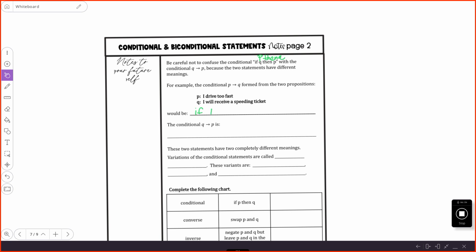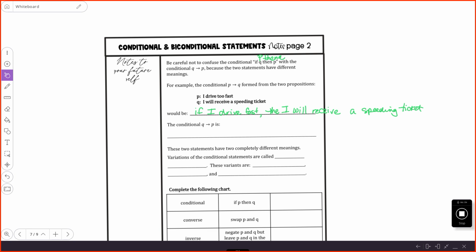So for example, the conditional P implies Q formed from these two propositions would be if I drive fast, then I will receive a speeding ticket. Now, if I change those, and instead of putting P first, I put Q first, it's still the conditional statement because it's still just an arrow, it's just Q implies P this time.